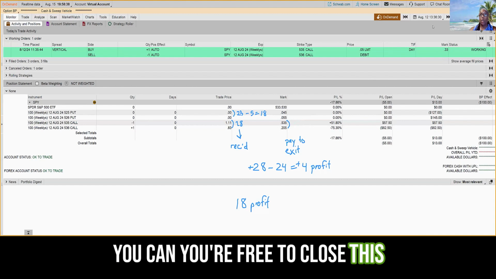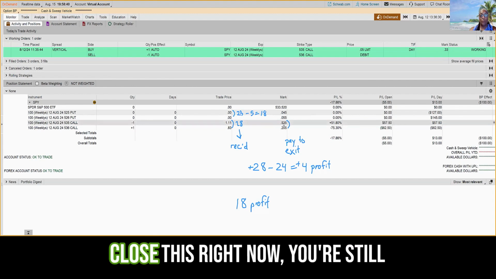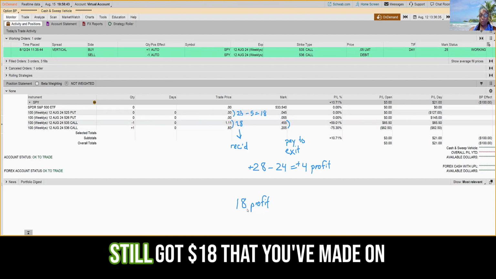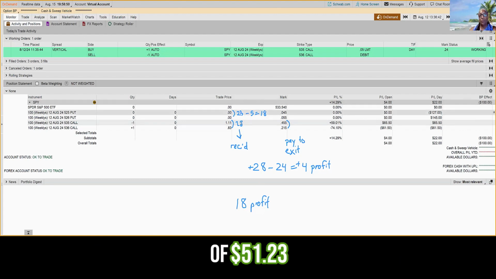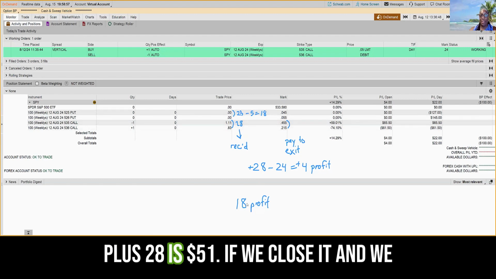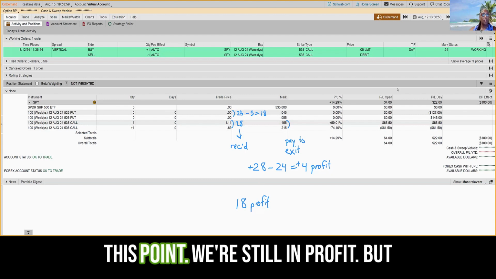You're free to close this whenever you want to. And if you close this right now, you're still going to be in profit because you still got $18 that you've made on this entire trade. We took in a total of $51. 23 plus 28 is $51. If we close it and we keep 18, we're still profitable at this point.